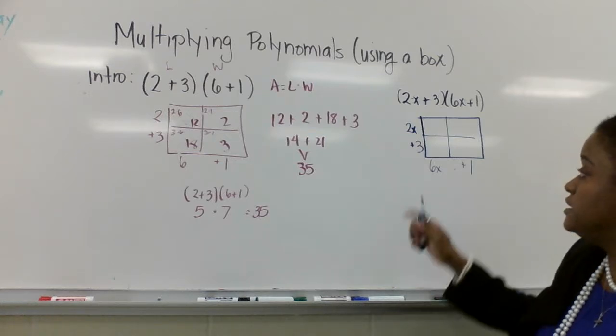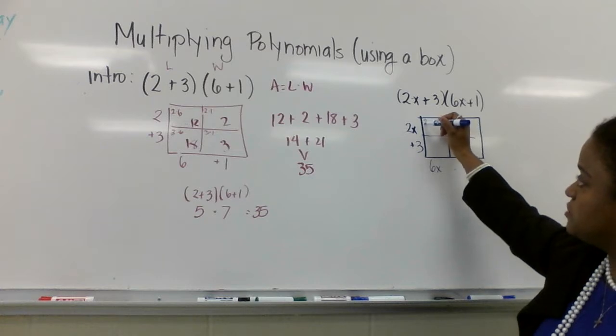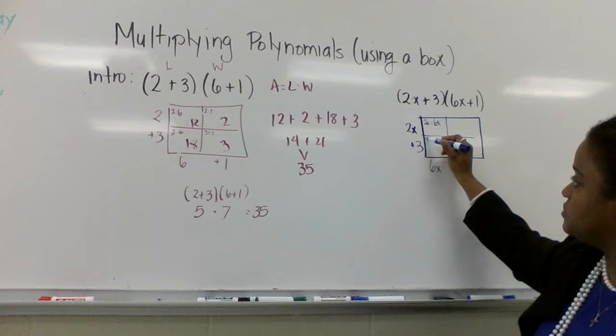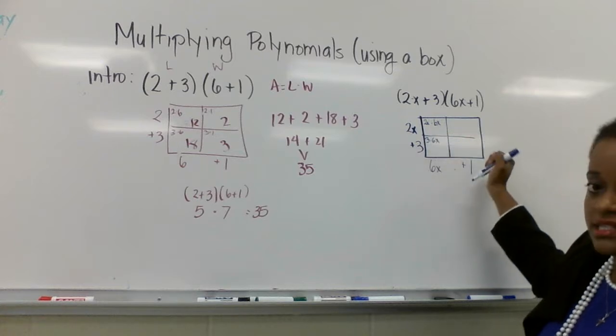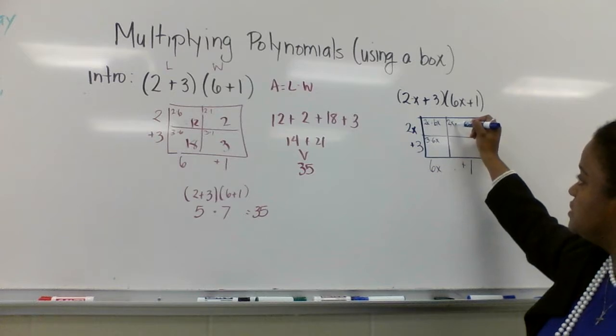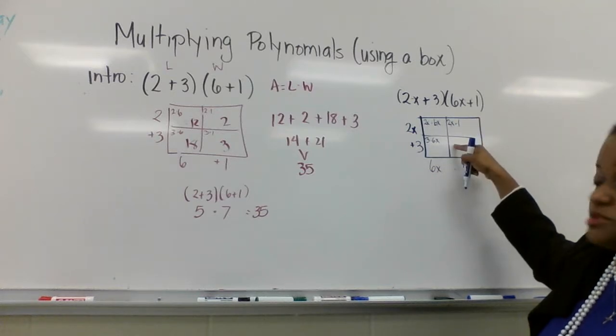Okay, so 2x plus 3 times 6x plus 1. Now, let's multiply. Here is your 2x times 6x. Here is your 3 times 6x. Here is your 2x times 1. Here is your 3 times 1.